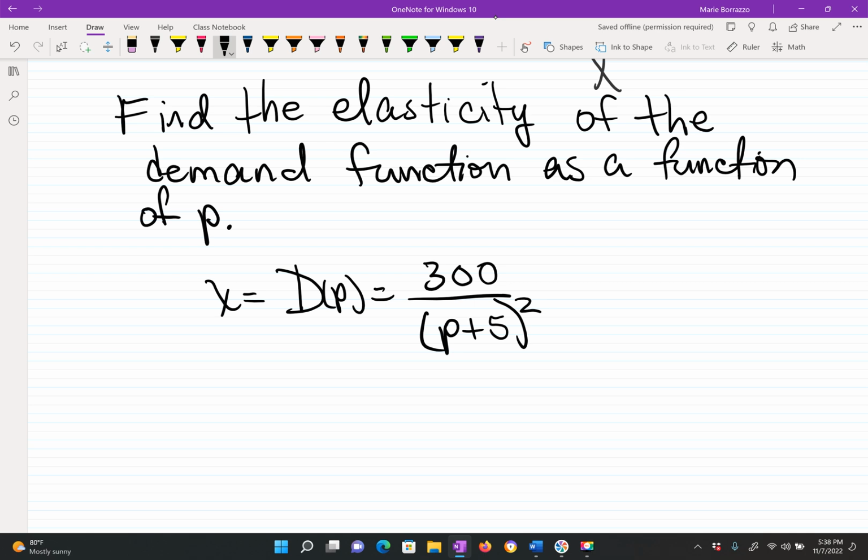So what do you think about this one? You would have to go back into your chapter regarding elasticity. I think that was chapter 3.7. Take a look at that. There's a formula they gave you that will answer your questions.